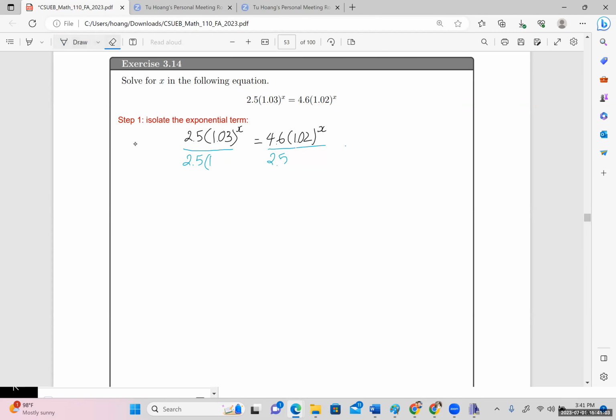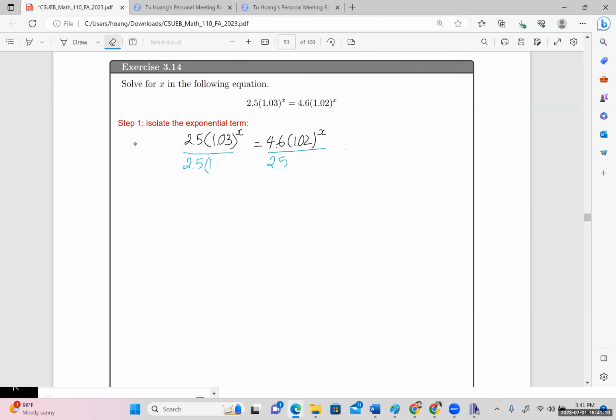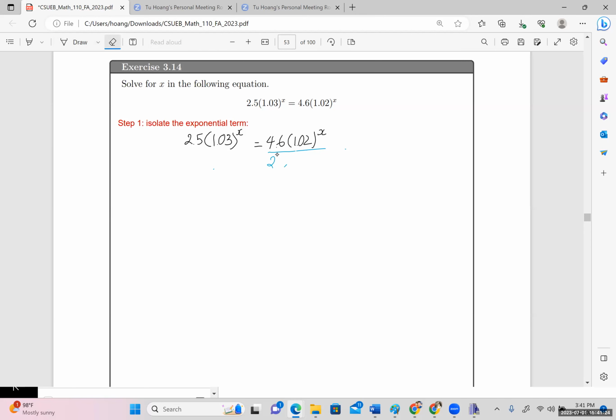I want to go step by step to make sure you can easily follow. So we start by dividing both sides by 2.5 first.